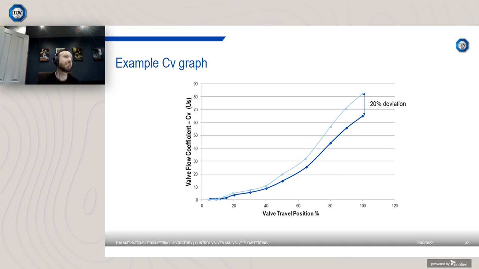So they were expecting a lower pressure drop through this valve, when in reality, the CV was 20% different. The good thing was, this was before the valve was installed. So rather than find this out after it's been installed and commissioned, they could take steps to either change out the valve internals or adjust the process conditions accordingly to accommodate for the new characteristic.